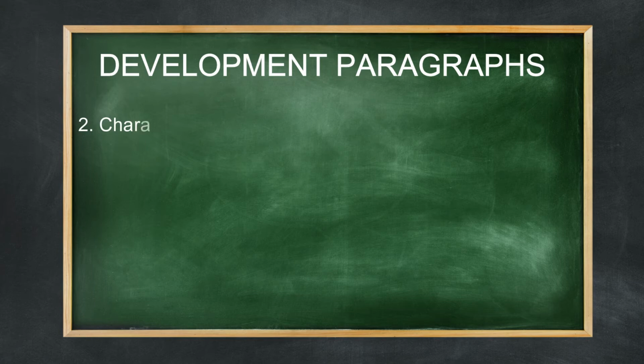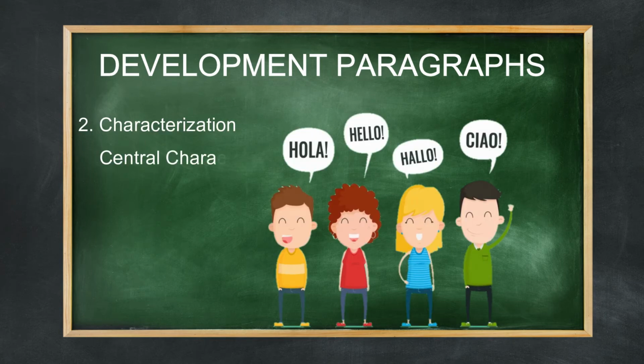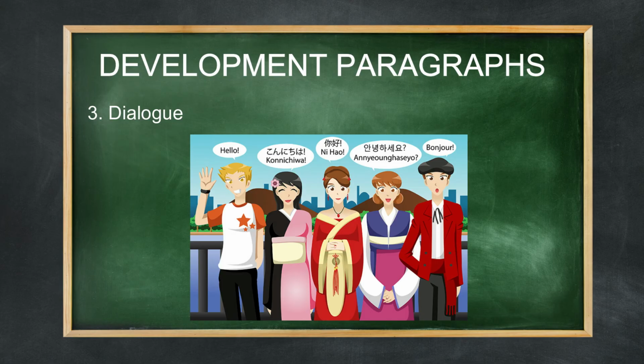2. Characterization. Central character. Tell if the central character is clearly defined and appears in the first few lines of the story, or if he or she has likable traits. Other characters. Tell if they are easily definable or if they get confused with others. 3. Dialogue.